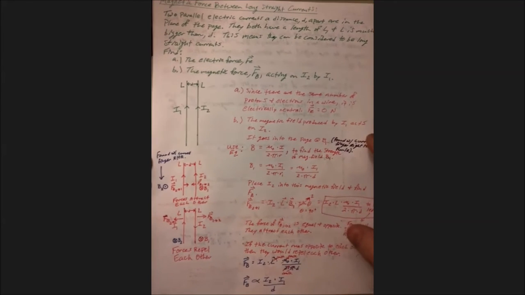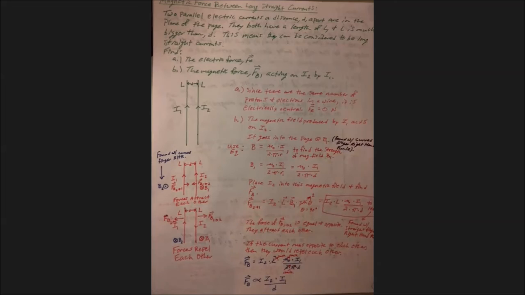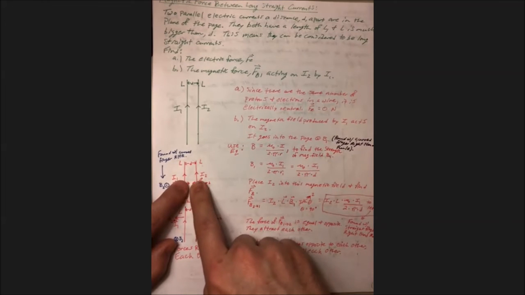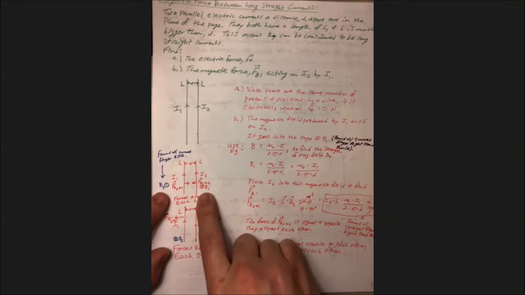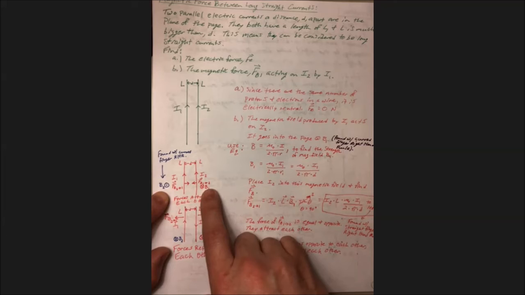Let's look at these two situations, okay? If we have both currents pointing in the same direction, then we can figure out what direction the magnetic field vector is going to be in. So we already found out B1 is going to be pointing into the page because of the curved finger right hand rule.